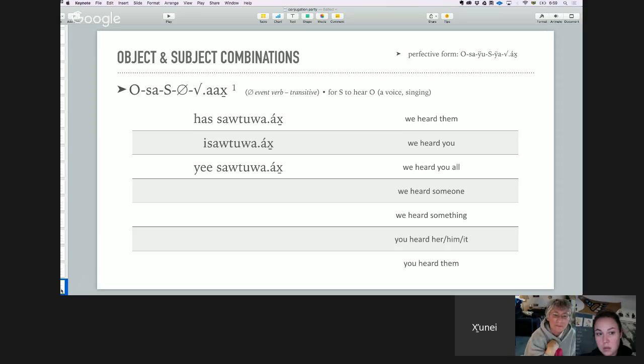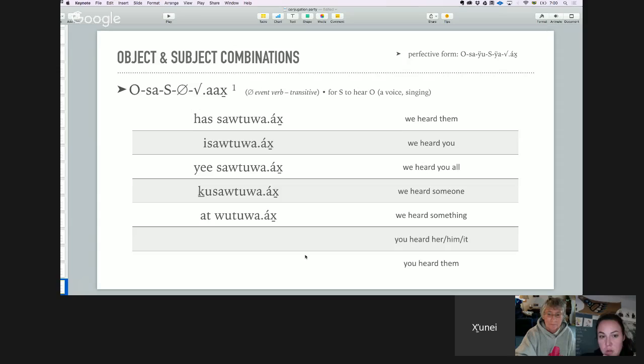Yisau tuwa ach. We heard someone. Kusau tuwa ach. That's a pretty long prefix. Kuuch, we heard something. Atwutuwa'ach. Okay. See, now we're skipping you for pattern variation.